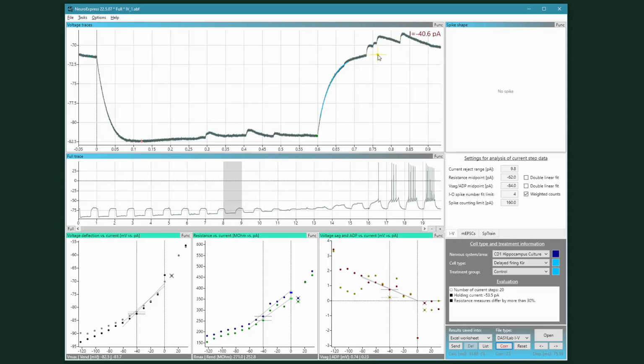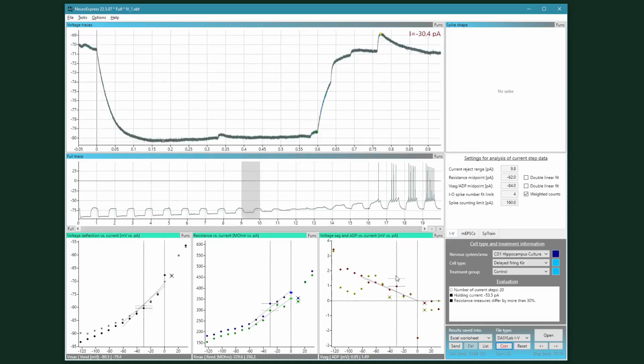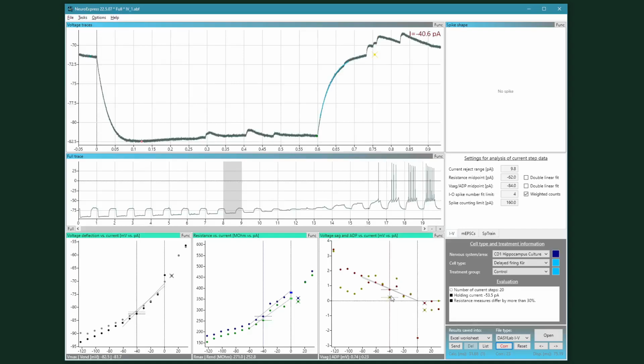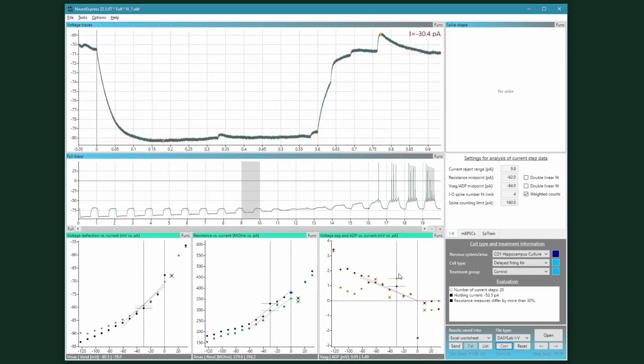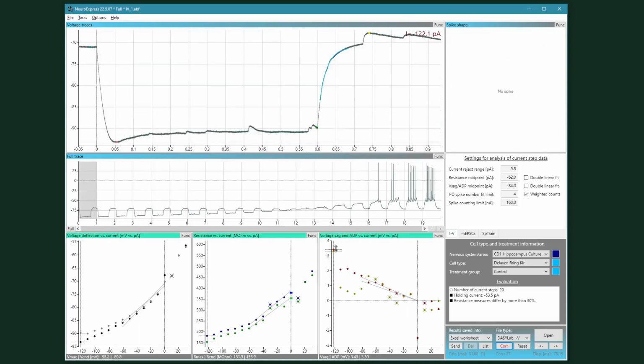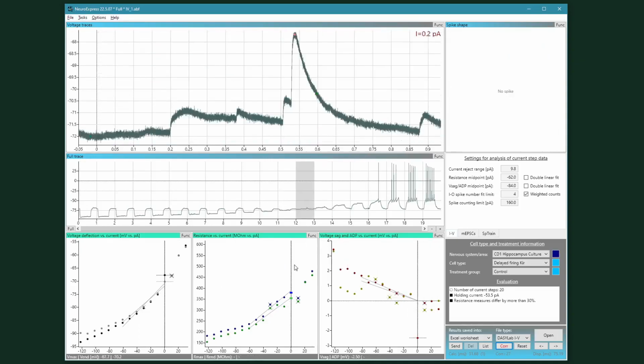I think it can be approximately here. So you can see that the after depolarization is much smaller now for that particular point. Also here I can change that, and we can perform these manipulations in order to smooth out the calculated voltage sag and resistance curves.